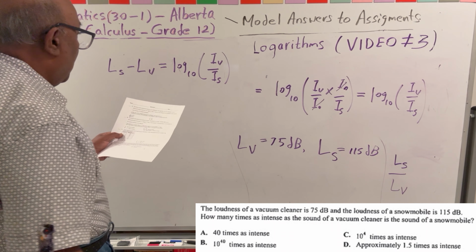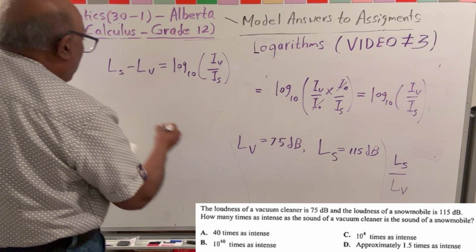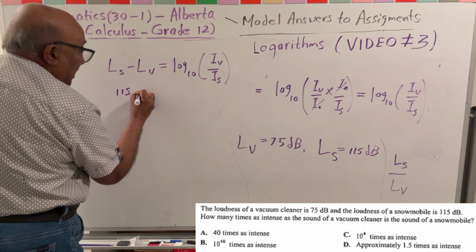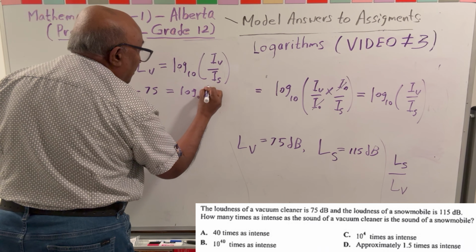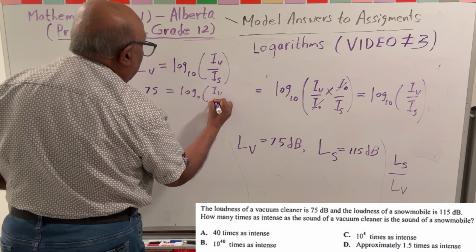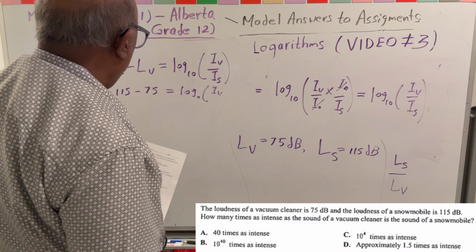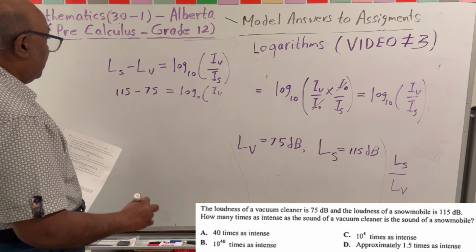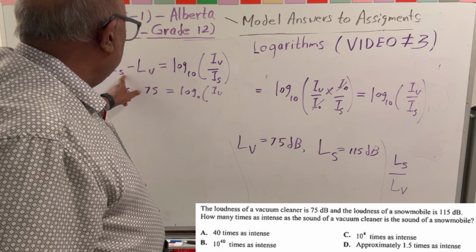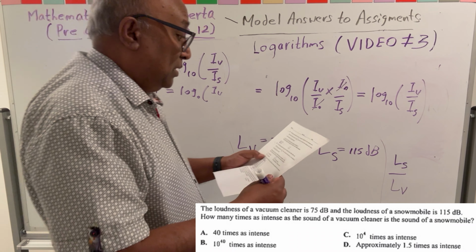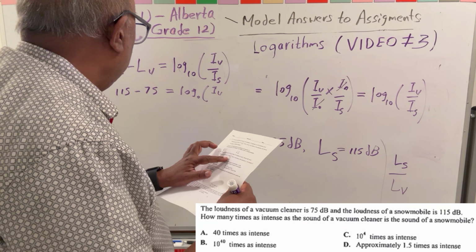Okay, now what's this value? LSC equal to 115, LV equal to 75. Log 10 IV upon IS. How did you apply? LSC equal to log LS. Okay.